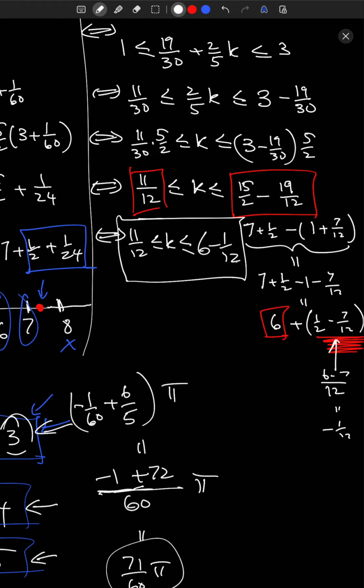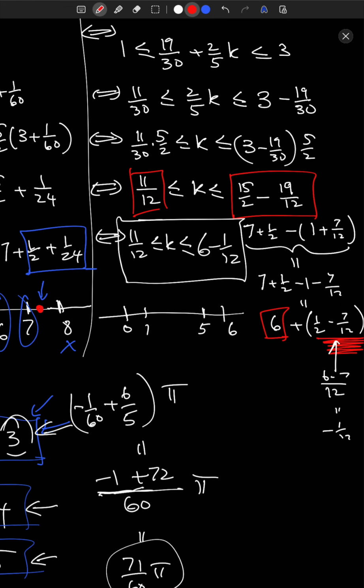All right, so my k has to satisfy this. And if I draw a picture, here's 0, 1, 2, 3, 4, 5, 6, right? We don't actually have to draw all the intermediates. Let me just put 6 here. I just need 5, right? And let me draw 1 as well. 1 is here. Okay, so 11 over 12 is just less than 1, so it's right there. 6 minus 1/12 is just less than 6, so it's right there.